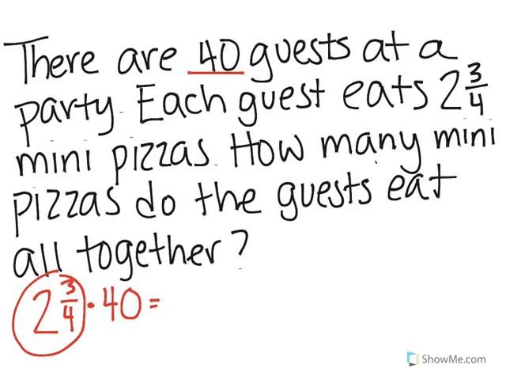So let's change the color. 4 times 2 is 8, plus 3, 8, 9, 10, 11, over 4. Times, here's our whole number 40, and to make that a fraction, we're just going to put it over 1.